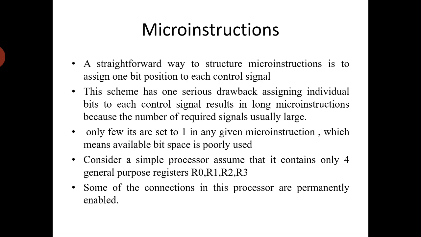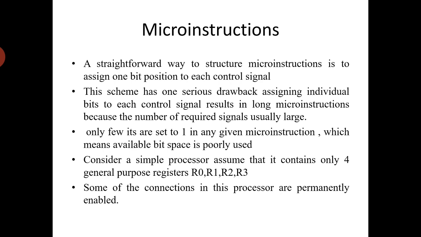Moreover, only a few bits are set to 1, meaning only some of the control signals are set to 1 in any given microinstruction, which means the available bit space is poorly used. So not all the bit spaces are used properly.